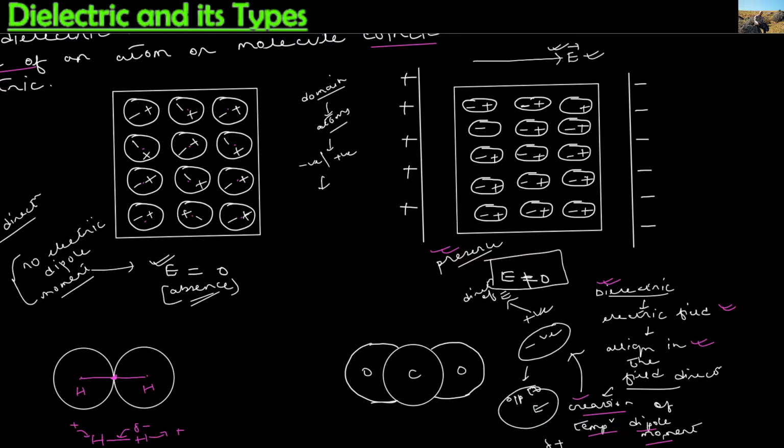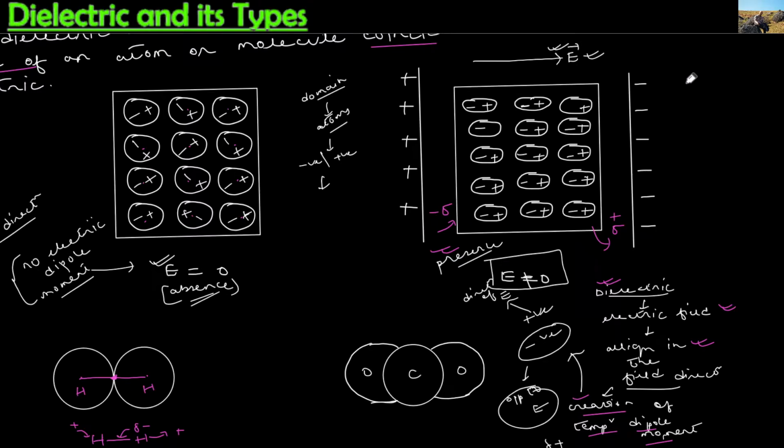From here we can also make one point: this end of the dielectric will have a positive charge density, plus sigma, whereas the end with the negative charges will have a charge density of minus sigma.